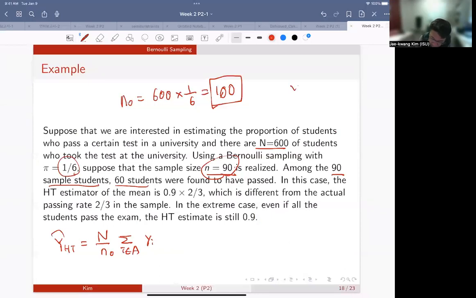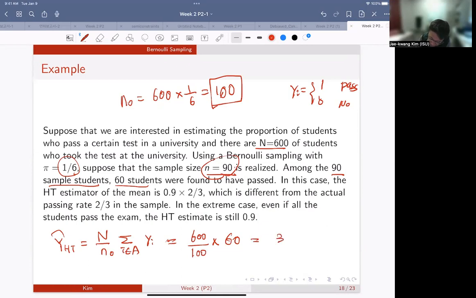Here yi equals 1 if passed, and 0 if not passed. So we know that among the 90, we have 60. And then N is 600, and n0 is 100.